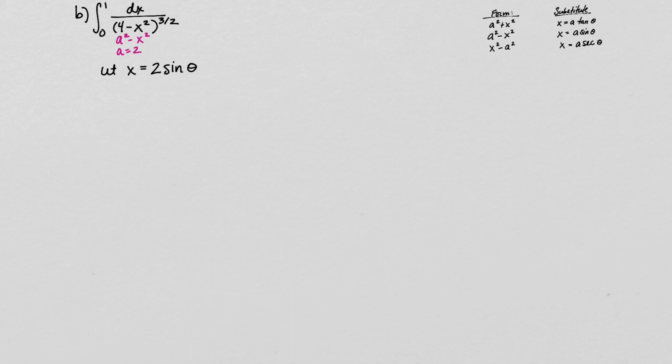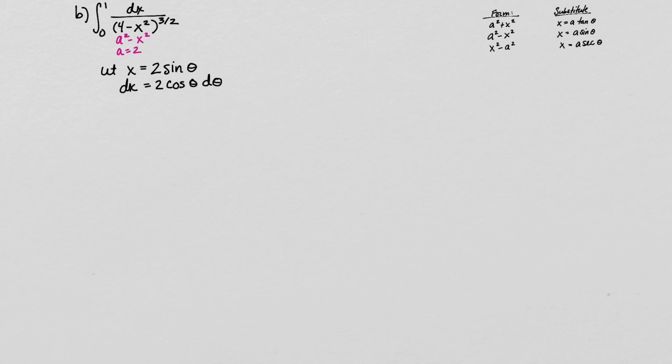So I'm going to have to plug in for dx. So dx is going to be what? Mm-hmm. 2 cosine theta. So 2 cosine theta d theta.